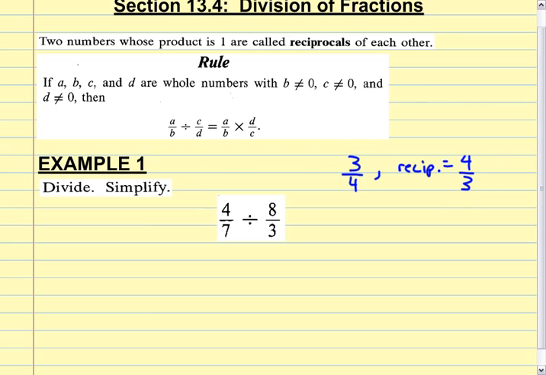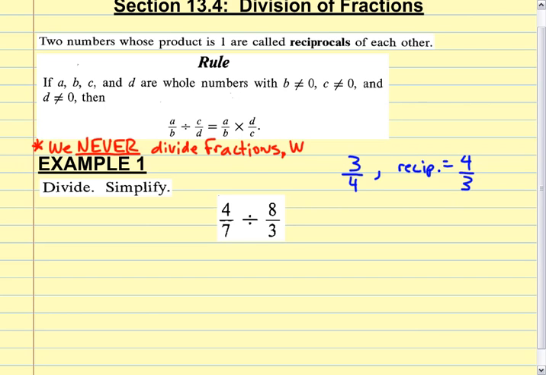Now, let me say something very important here. Here's a note. I'm going to put it right here. We never, capital letters, never divide fractions. We never do it. Period.